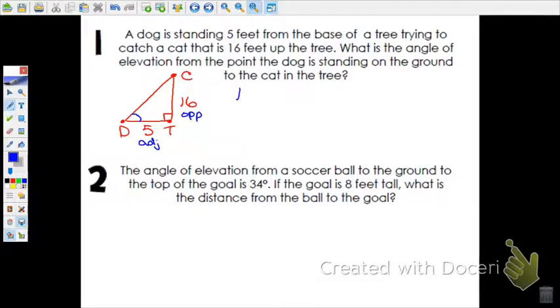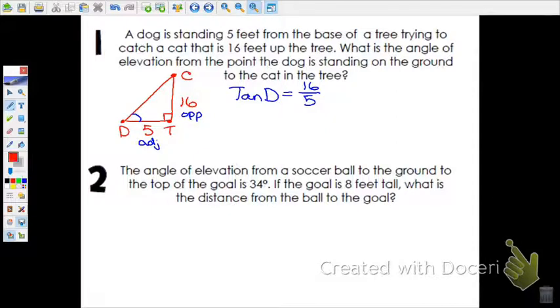So tangent of angle D is equal to, tangent is opposite over adjacent. Need to make sure you have them in the right spot. So 16 over 5. I need to have that D all by itself.